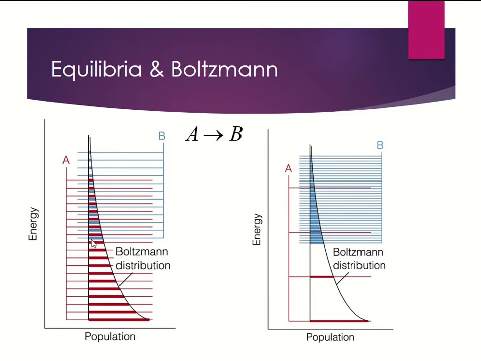And in this particular circumstance, it's an endothermic reaction. The density of energy levels for our reactants would be fairly high, and you can see probably from this diagram that at equilibrium we're going to have more reactants than products.